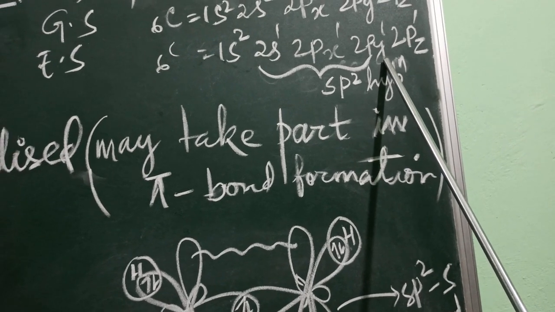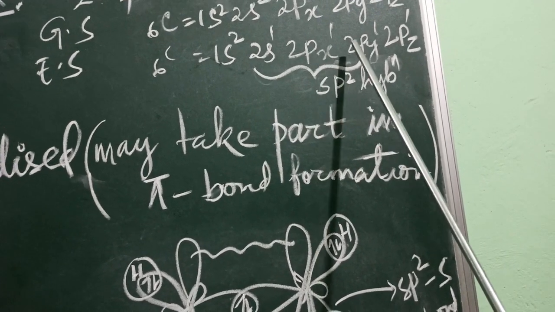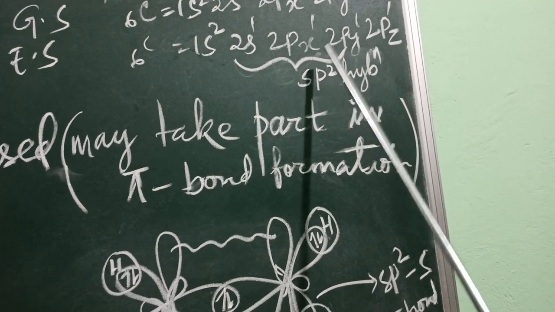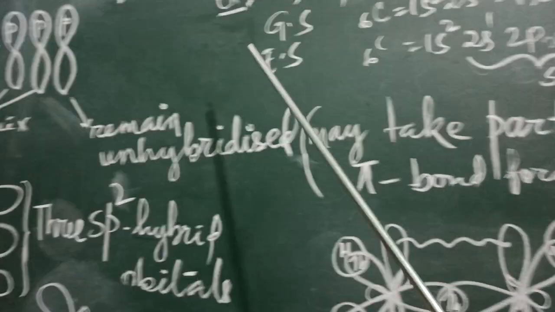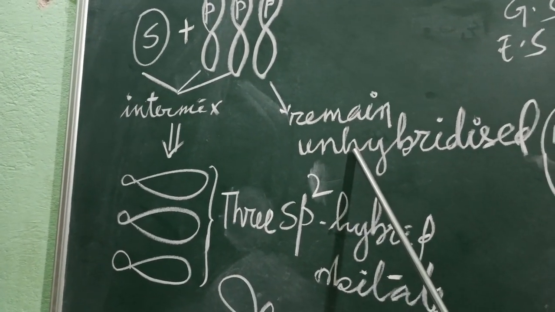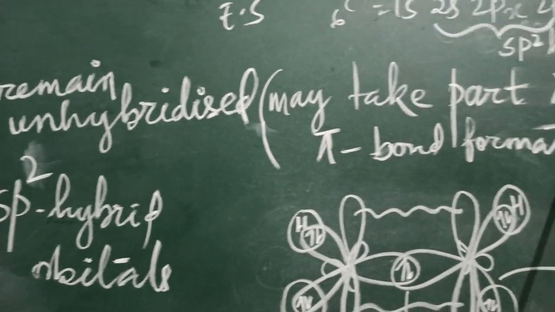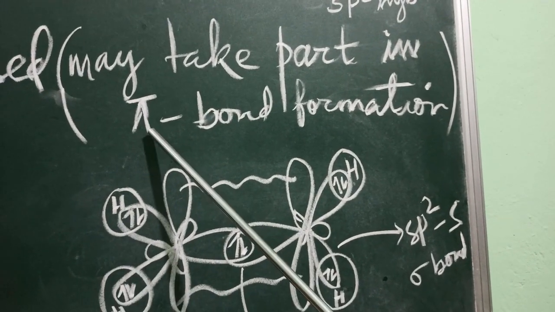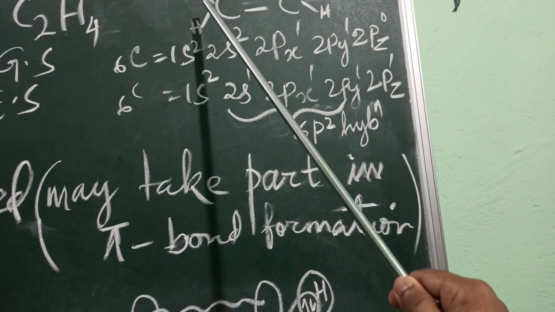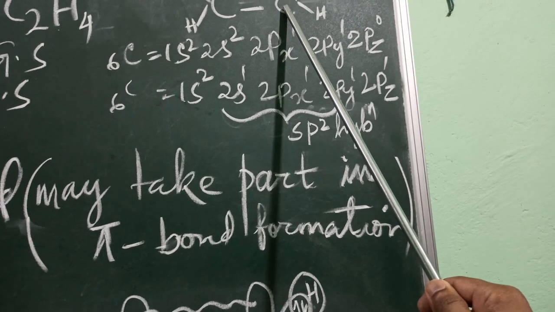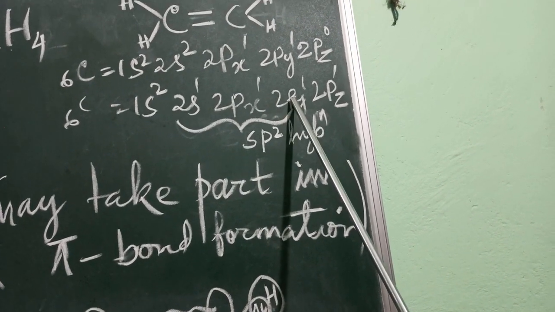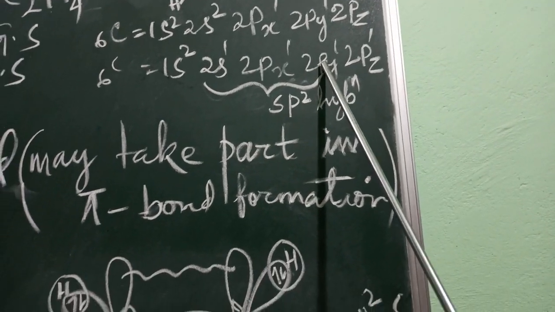But this time 1s and 2p orbitals get intermixed and only one remains. Here also, only one remains unhybridized that can take part in the pi bond formation. Since there are more surrounding atoms, a higher extent of hybridization takes place as compared to acetylene.